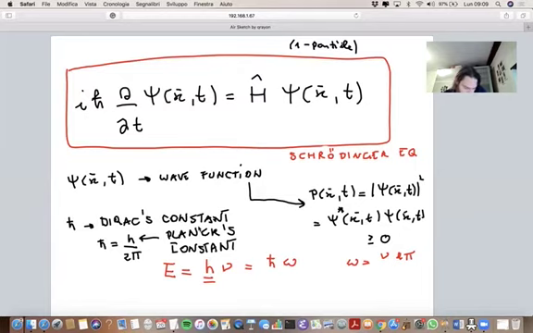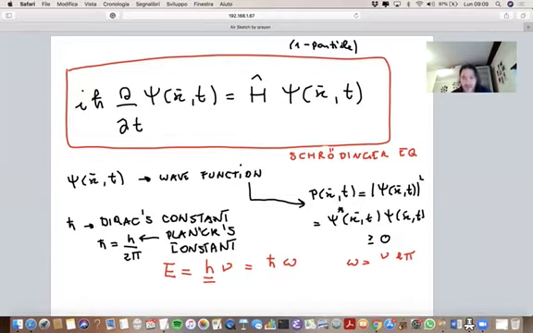However, one thing that is probably worthwhile mentioning is the numerical value of this constant in units that are typical of molecular science. So let me just do that for a moment.